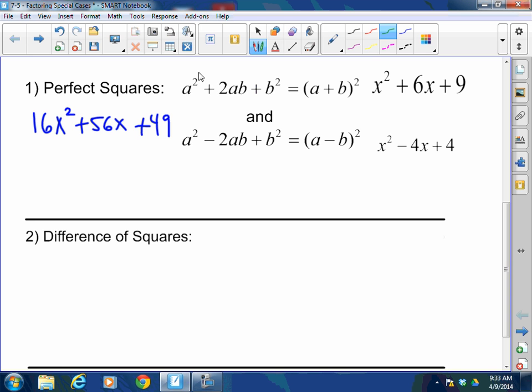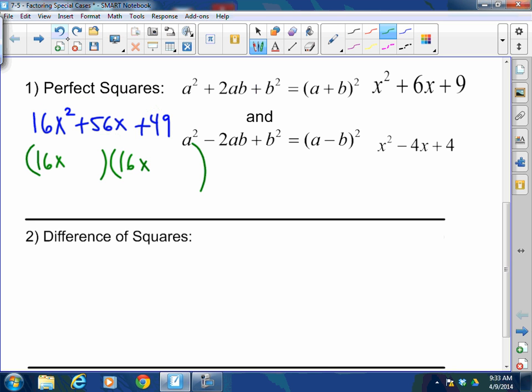Can't you do the cubic method, Mr. Moore? Sure. You could go 16x, 16x, but now you're going to have to multiply 16 times 49, find that product, and then figure out what times what is that product, but when added together is 56. Do you think that's going to be a fun journey?